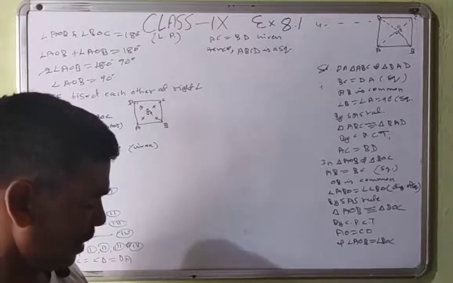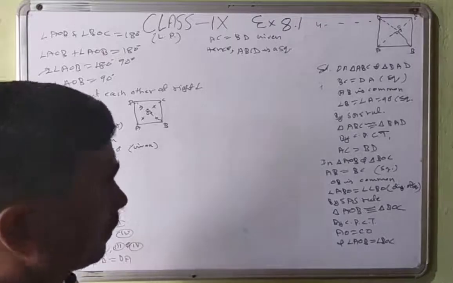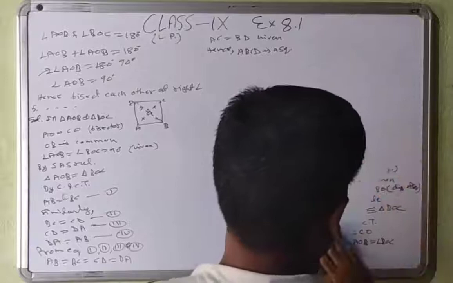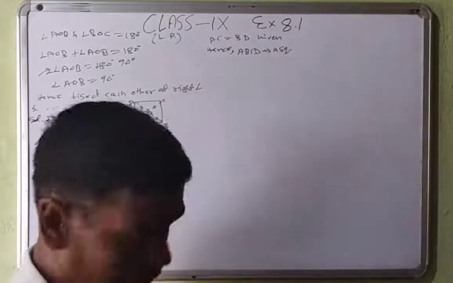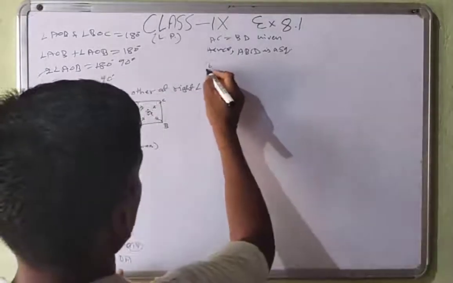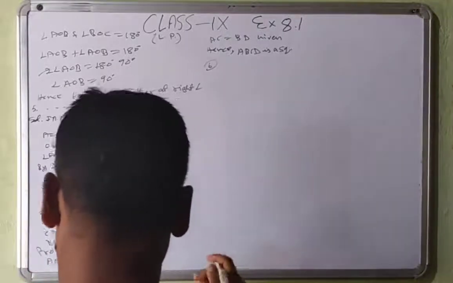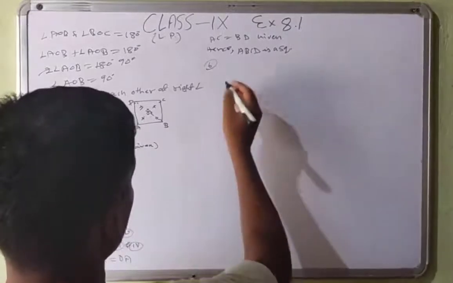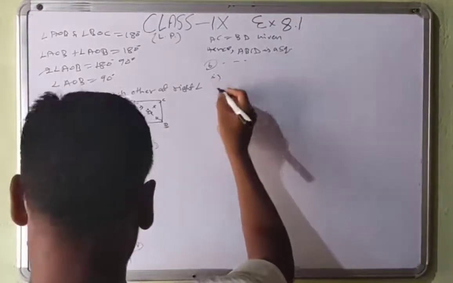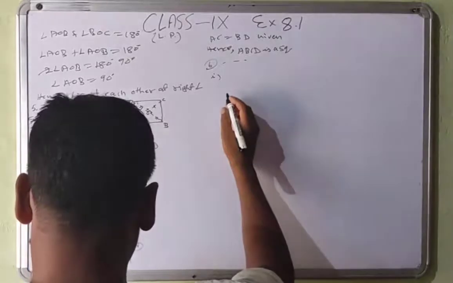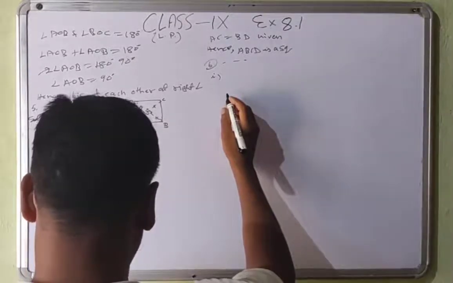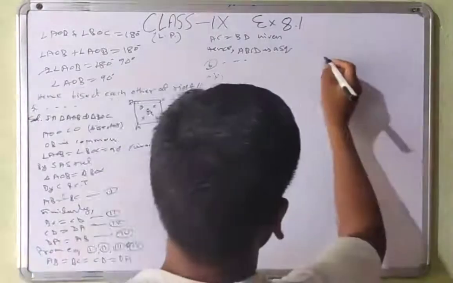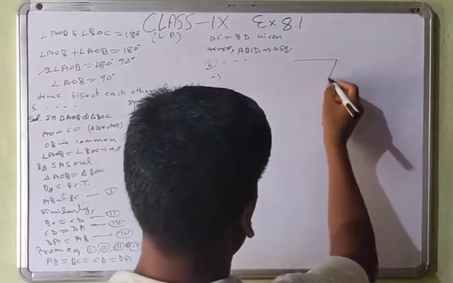Rhombus means that all sides will be equal. Sixth question, we will see the diagram here. First part, we need to prove that angle ACD and ACB are equal. So that diagram also we can draw here.